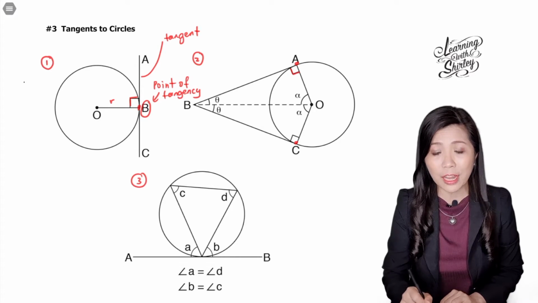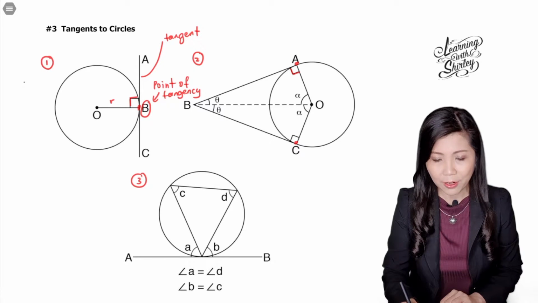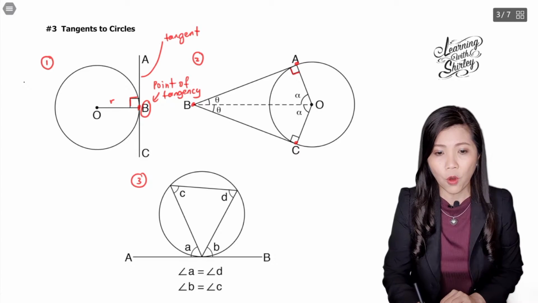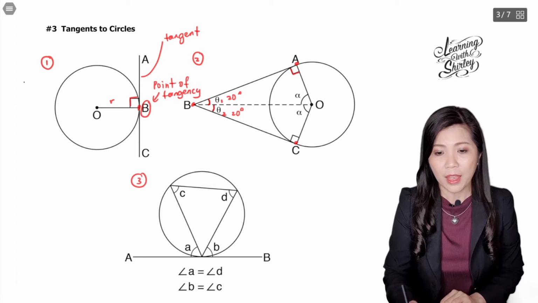So if the 2 tangents with center O and the points of tangency A and C meet at point B, therefore this angle, which is theta 1, is equal to theta 2. It means that if this is 20 degrees, here will be 20 degrees as well. And the same with alpha: alpha 1 will be equal to alpha 2.